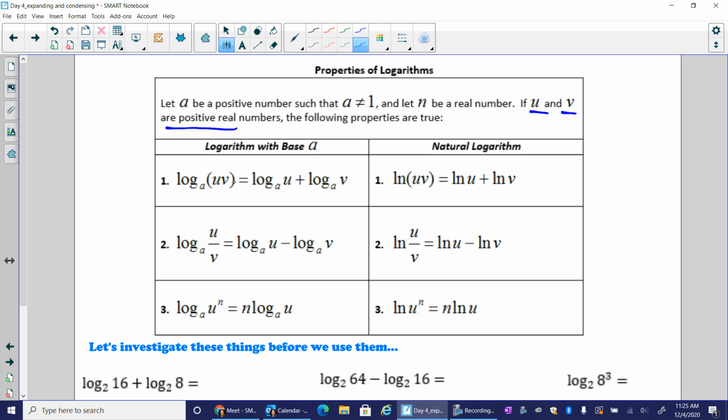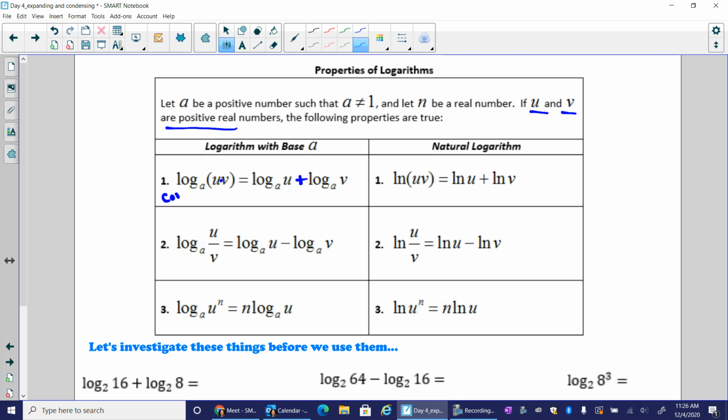So let's just analyze these rules, and you'll see they're pretty similar to what we just did with exponents. If we have multiplication happening inside the logarithm, that can be turned into addition of two separate logarithms, okay? So multiplication will move into addition in the expanded form.